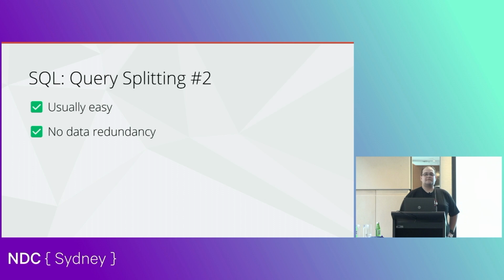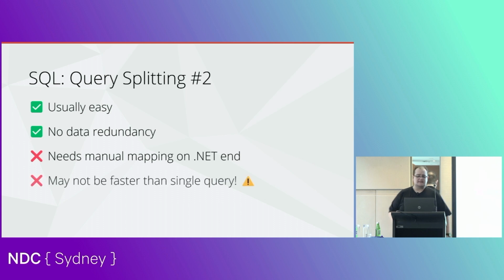You can easily write these queries, and you won't get data redundancy if you write them right. But writing the mappings manually, imagine that you have 7 joins in it. You write the code, you write the mapping, and all of that stuff, and then you realize, oh, wait, this actually runs worse than the single query. What do you do now? Now you need to revert all of the work or rethink the whole thing. You're now in a worse position than before, because before you thought that this could be the solution. But now it's like, okay, what do I do?